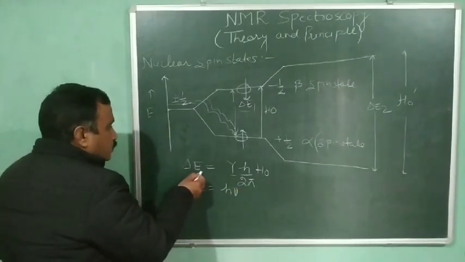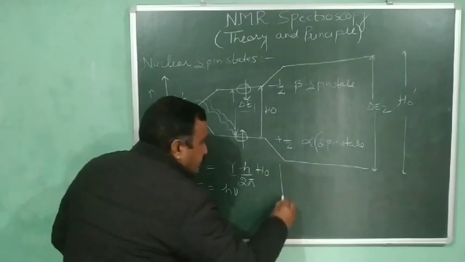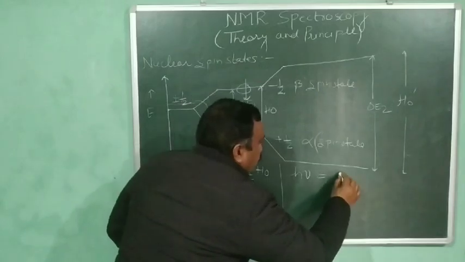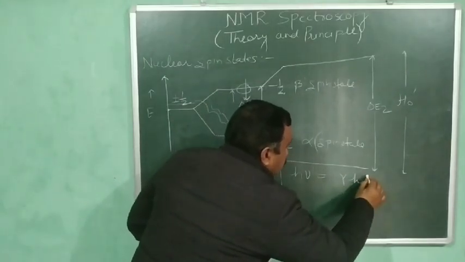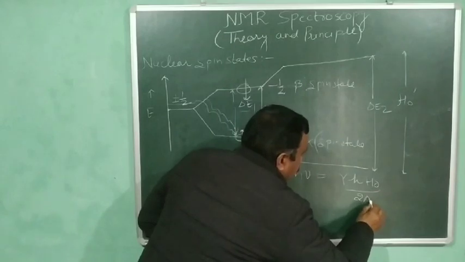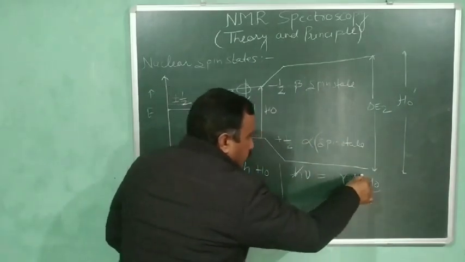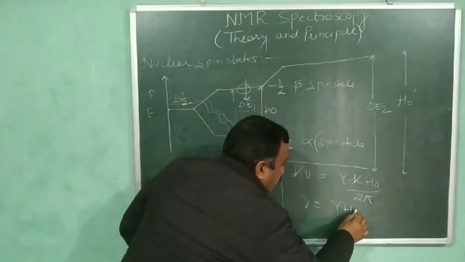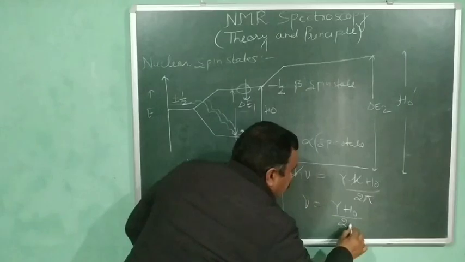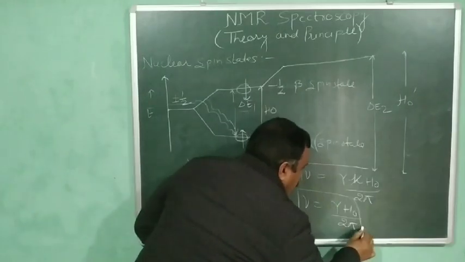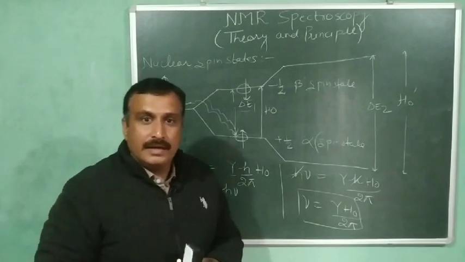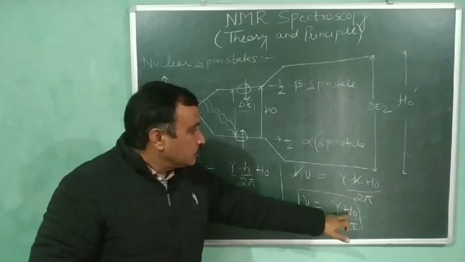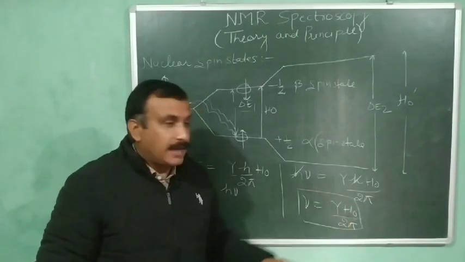So now we will substitute the value of delta E here, then we have h nu equal to gamma h into H naught upon 2 pi, and the Planck's constant will cancel and nu will be equal to gamma H naught upon 2 pi. So with the help of this formula we can calculate the radio frequency which will be absorbed when the strength of the externally applied magnetic field is H naught.